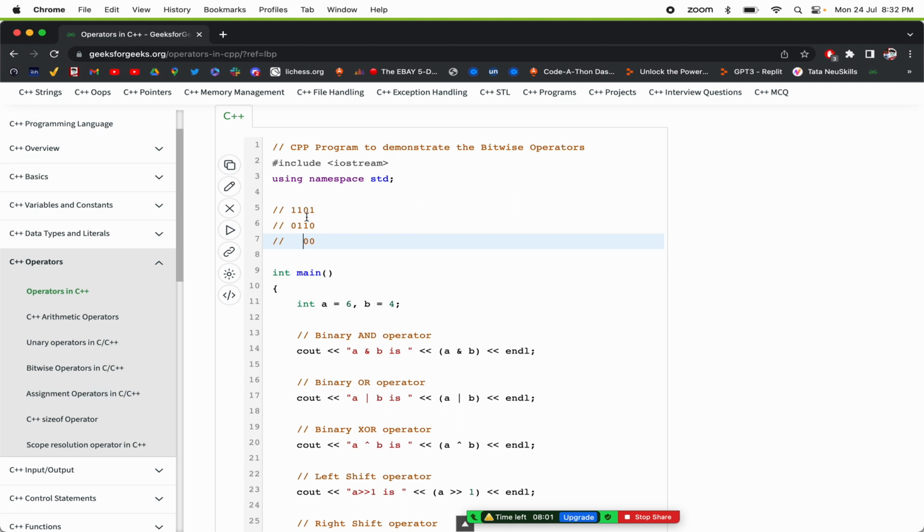Now 1 and 1, both corresponding bits are 1, so you'll get 1. And 1 and 0, one of the bits is 0, so you'll get 0. So 1101 AND 0110 gives 0100. I hope this AND operator is clear.